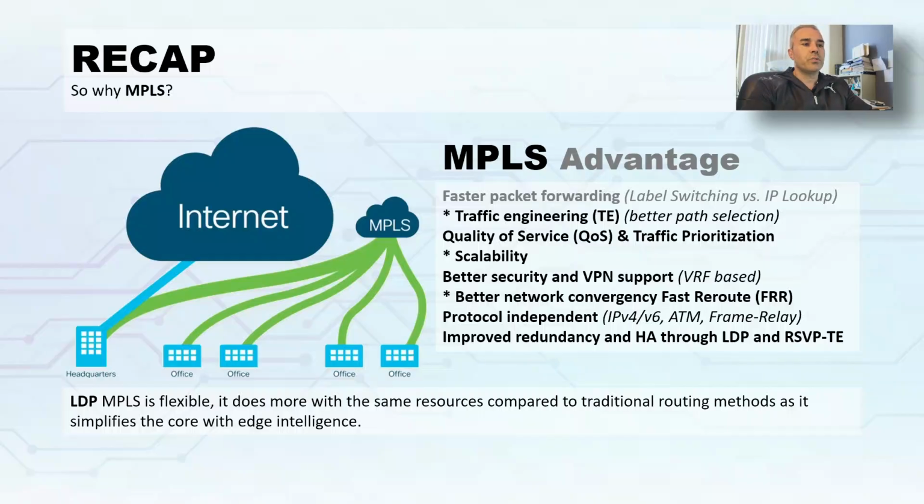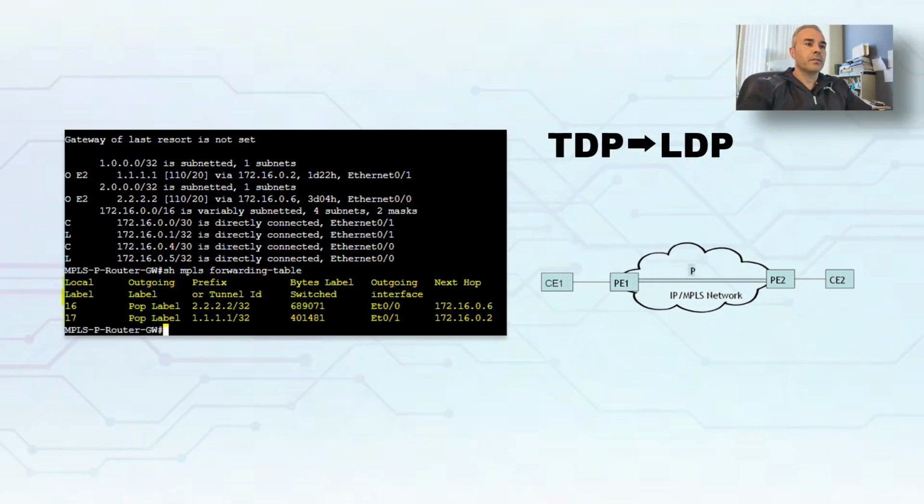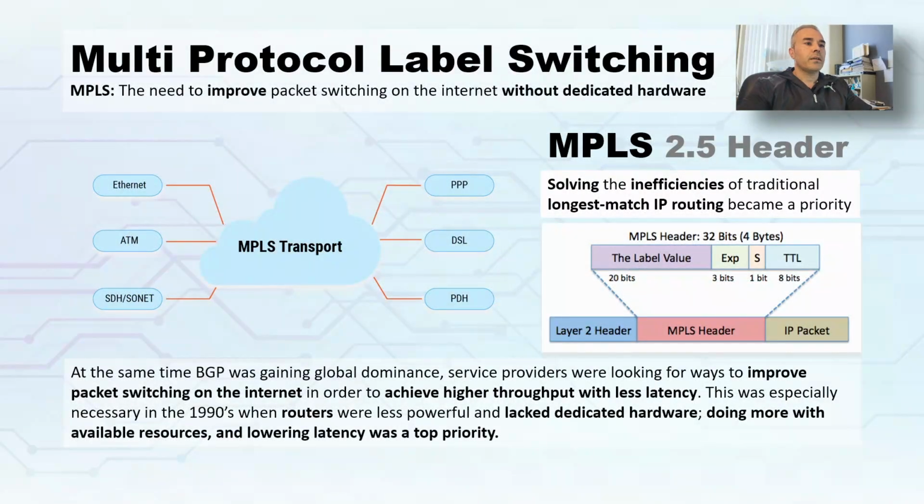Quality of service, we saw that there is a header, and let me look at this header here. If I can go back, did I skip it? Yeah, you can see that there is a header here. So the header is 32 bits. You can see the first 20 bits carry the labels associated with the prefix, and then the EXP, this is basically the quality of service bits. And this is very important.